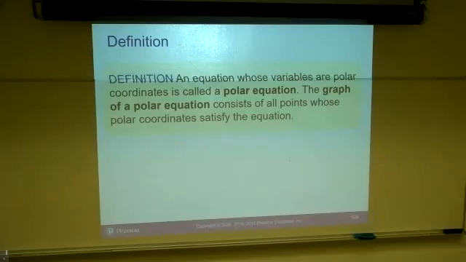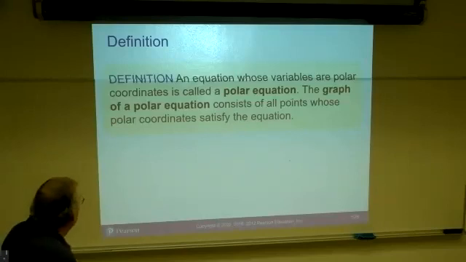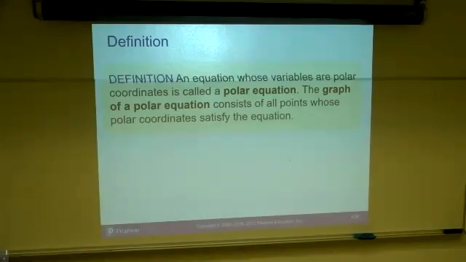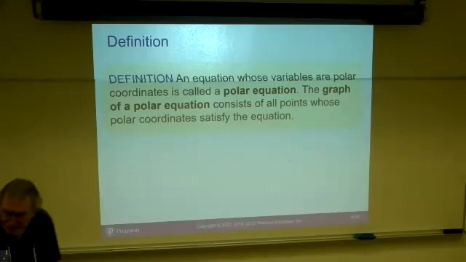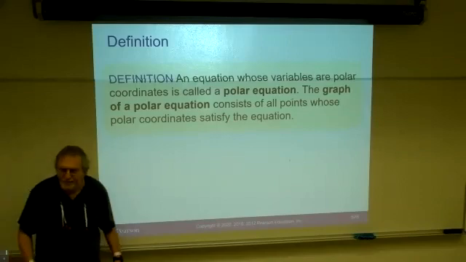An equation whose variables are polar coordinates is called a polar equation. The graph of a polar equation consists of all points whose polar coordinates satisfy the equation. That's exactly what happens with a function and its graph.